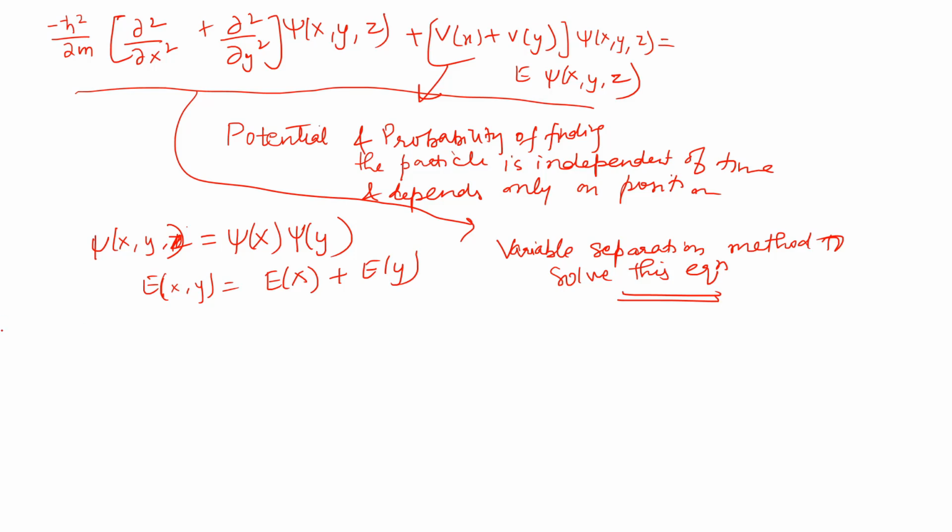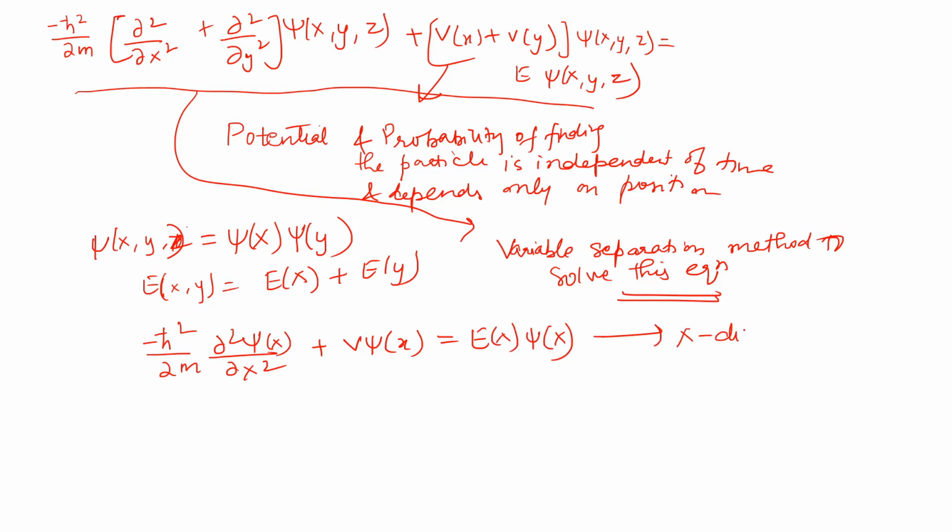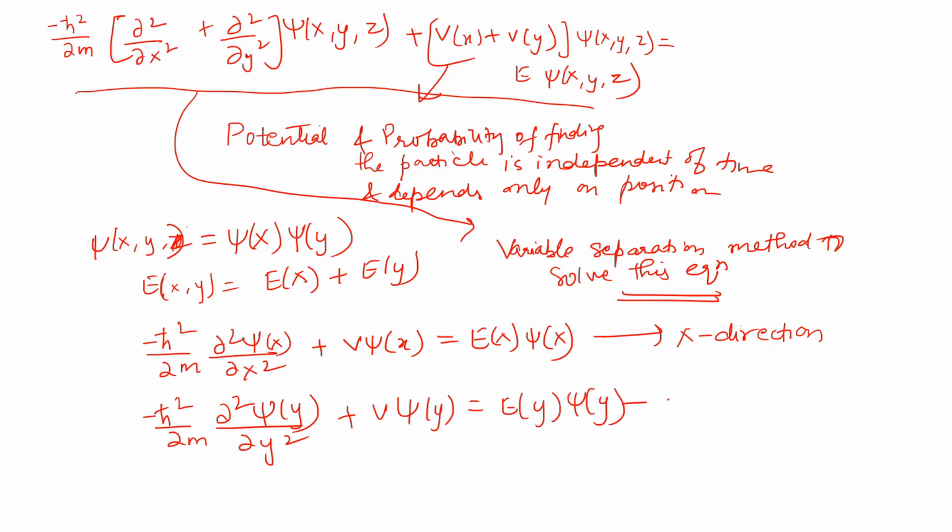You will get this type of equation: the equation for psi x for the x direction, and d2 psi by dy square plus V psi y equals Ey psi y for the y direction.